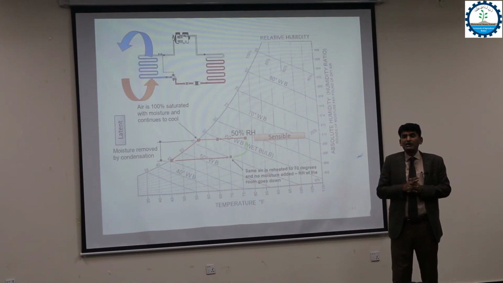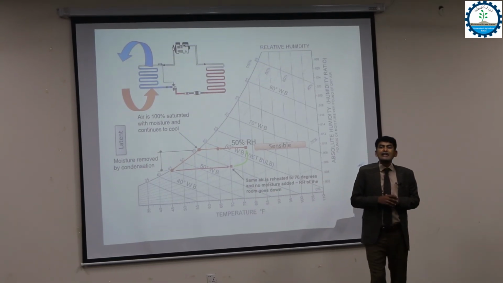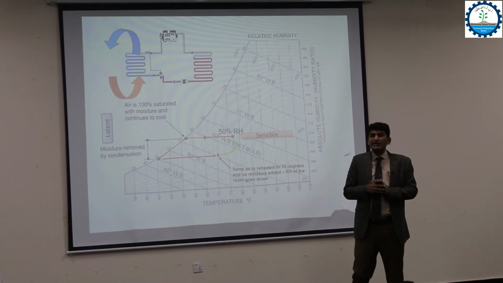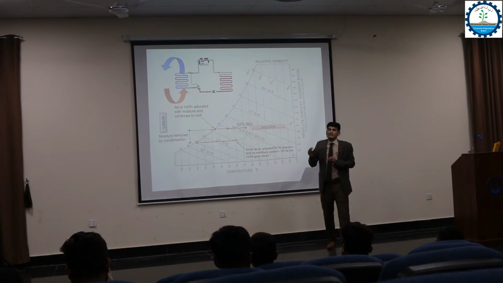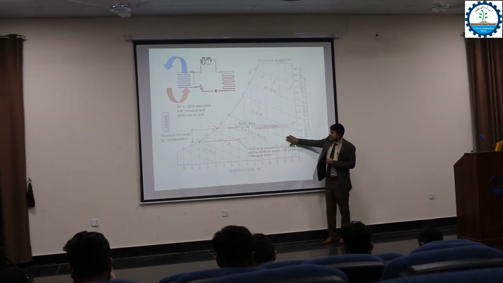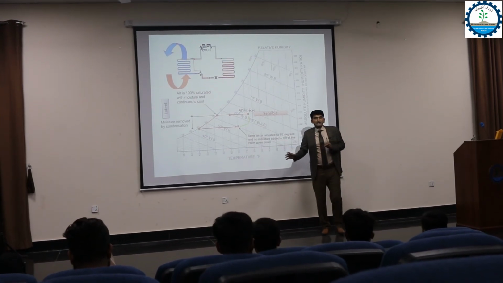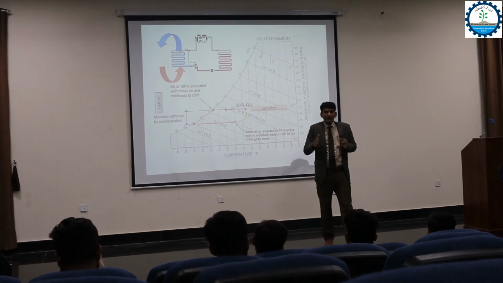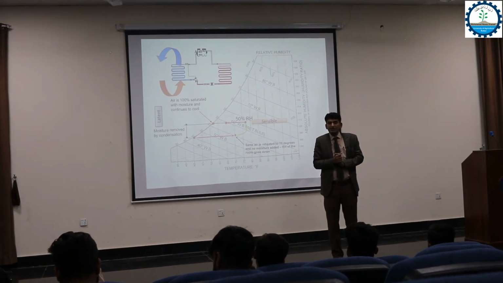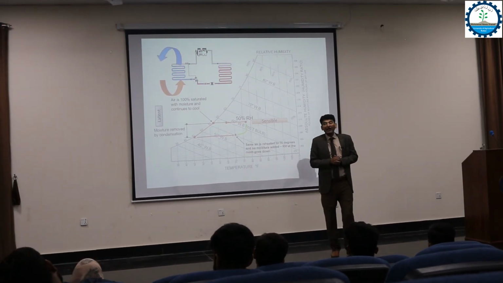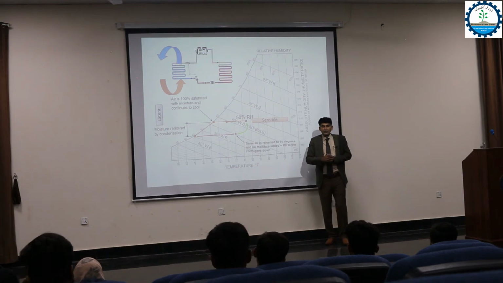But in a further semester, you will have a subject of HVAC, heating, ventilation, and air conditioning systems. There you will discuss thoroughly the research and design perspective, where you can design any HVAC system, maybe an air conditioning system or a ventilation mechanism in a greenhouse system. So you can very easily use this psychrometric chart to design your system.